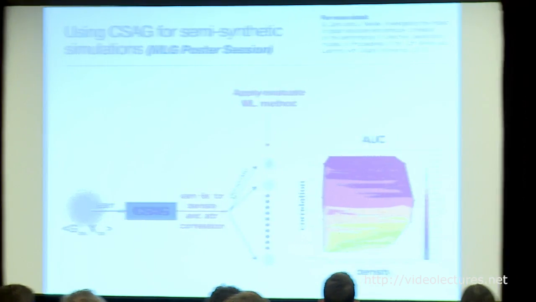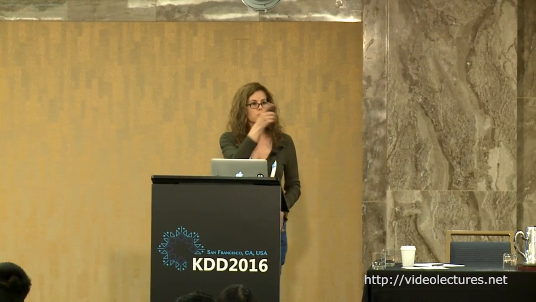And so you should find her and see. I guess her poster's not on the wall anymore, but you can talk to her more, look at the paper for more of these kinds of plots. It's very interesting to start to compare the different methods that we have over a wider space of graphs.